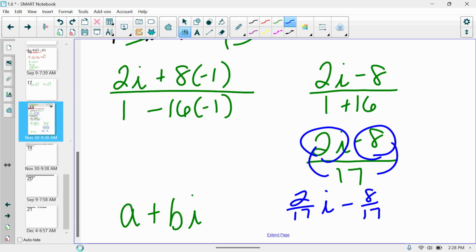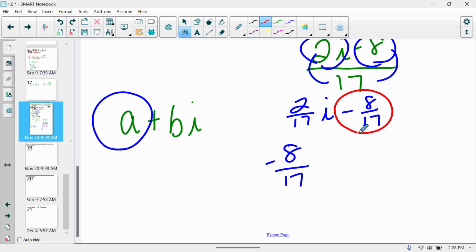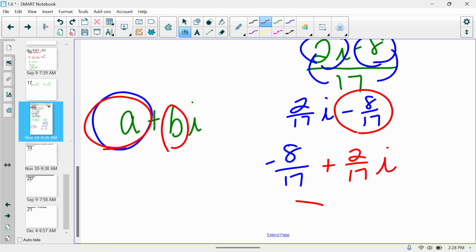It's just that your answer, the a, the real part, is negative 8 over 17, because we just have to flip it around. The real part's supposed to come first, and then the imaginary part, 2/17 i. So a is negative 8 over 17, b is 2 over 17. It's just a fraction instead of a whole number. So that's our final answer.